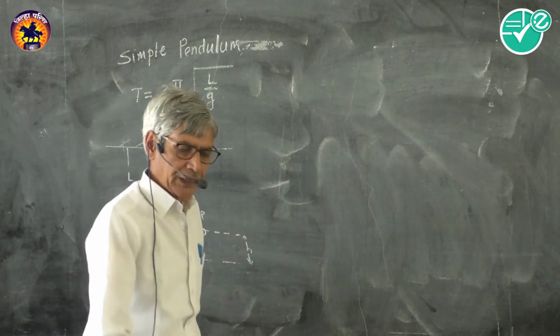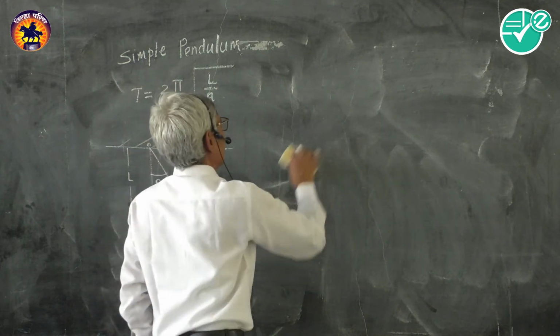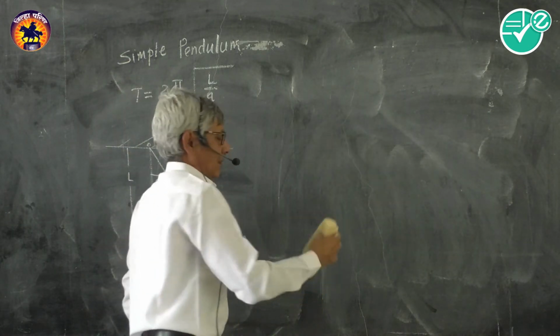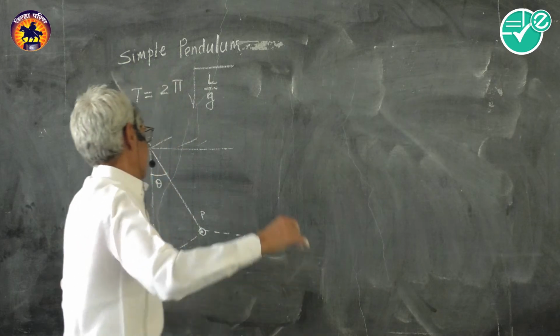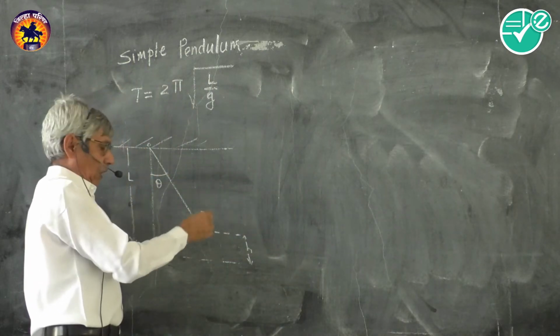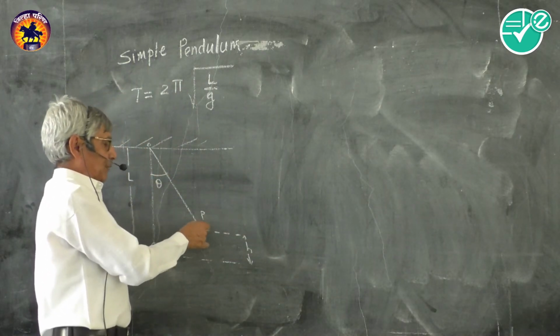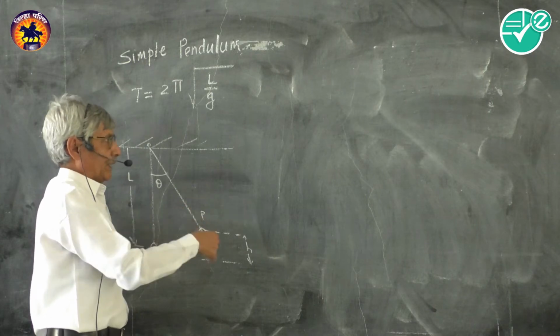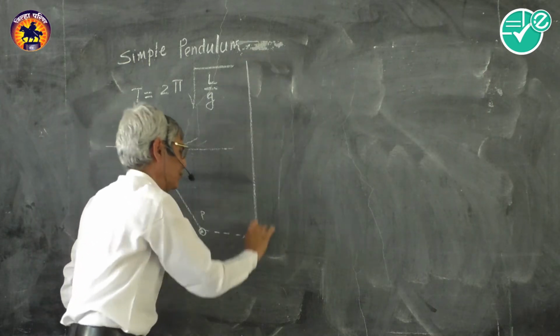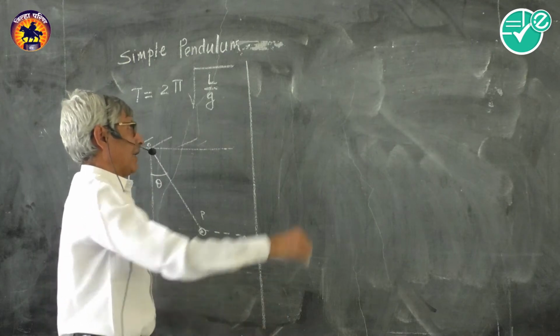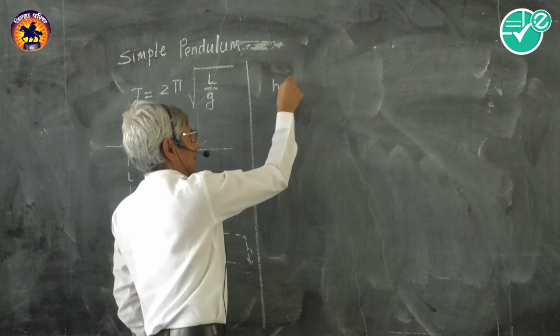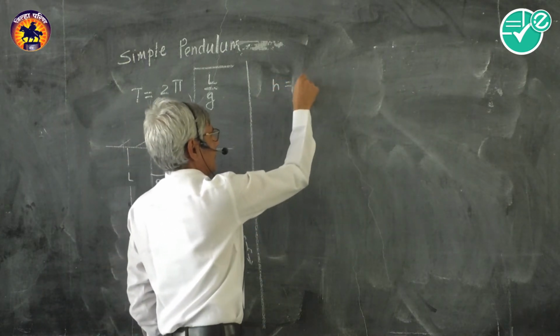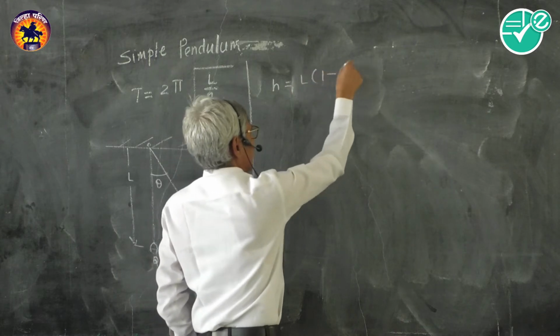Then we can obtain certain different equations in these situations, with the assumption that P is the extreme position of the oscillatory system, the bob of the pendulum. We can find out the value of h as L into the bracket 1 minus cos theta.